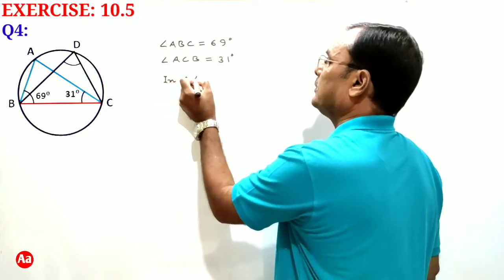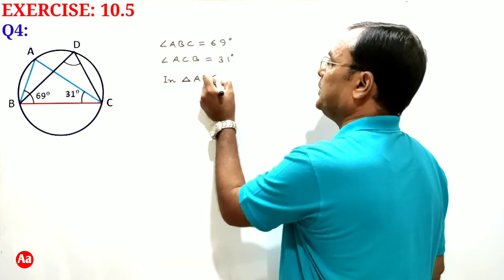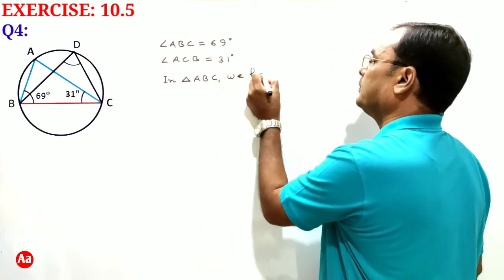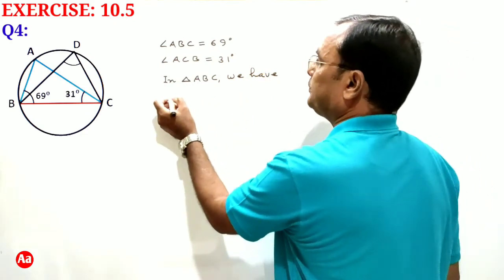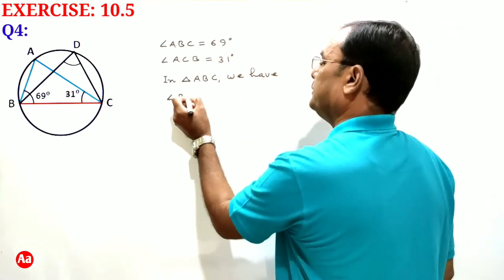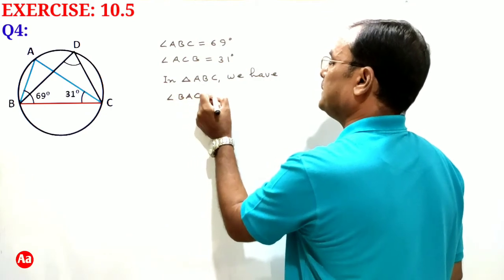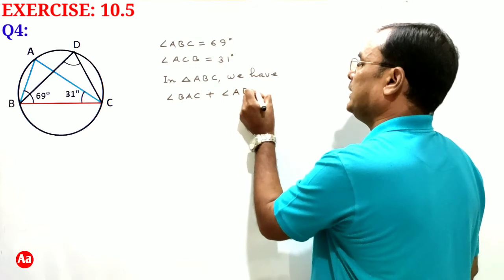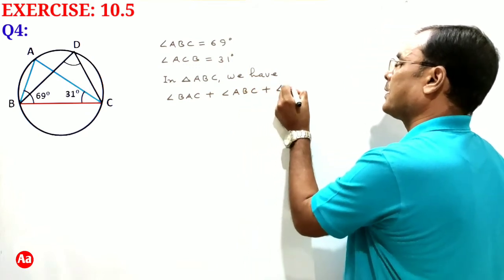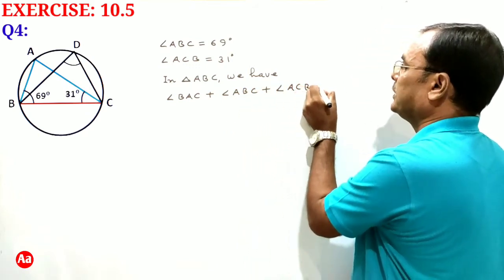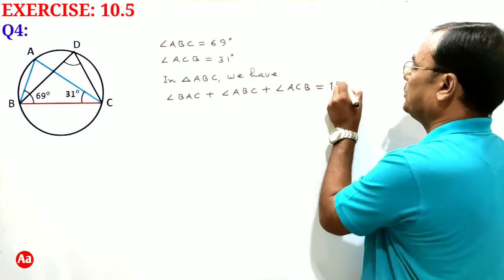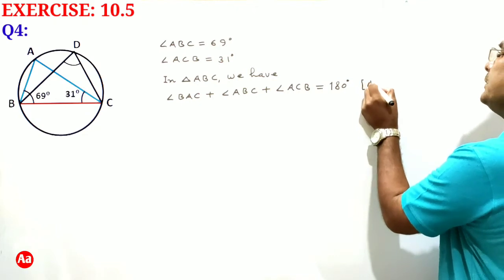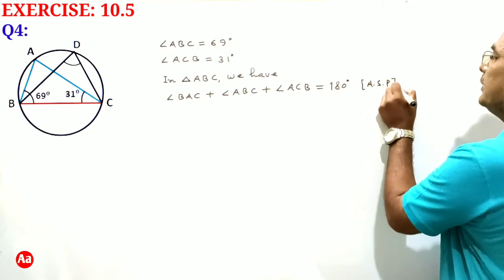In triangle ABC, we have angle BAC plus angle ABC plus angle ACB equal to 180 degrees. This is angle sum property of a triangle.